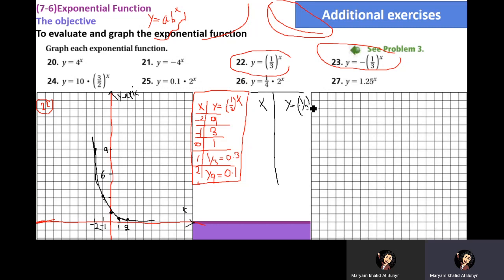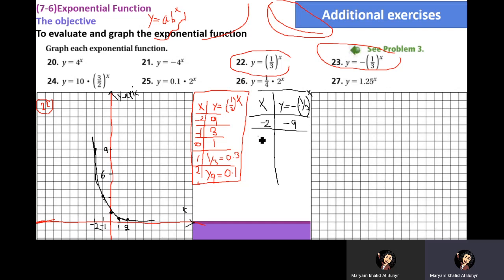all to the power x. The negative is outside, sorry, outside the parentheses. I'm going to fix this. So that is y equals negative, exactly the same as these values, but the only difference is here I will have -9.